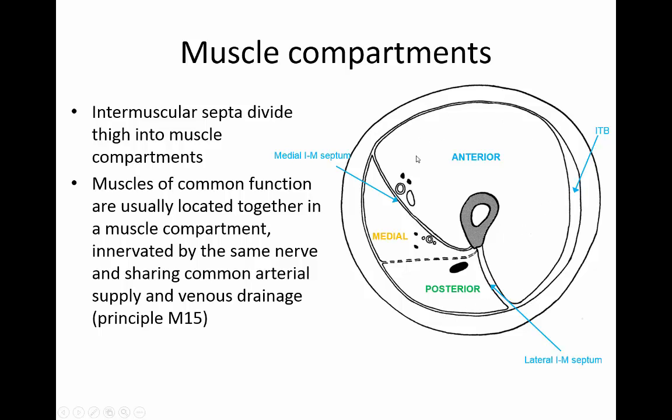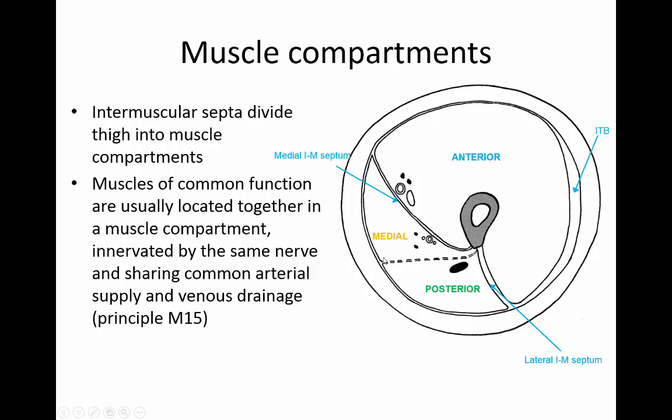These anterior muscles have a common function. Most of them extend the knee, so they're located together. They're innervated by the same nerve, the femoral nerve, and they have the same arterial supply and venous drainage. So we get the femoral artery, for instance, supplying some of these.